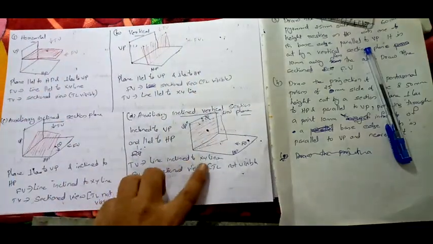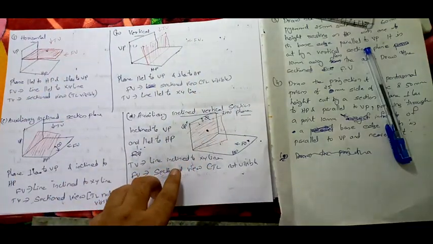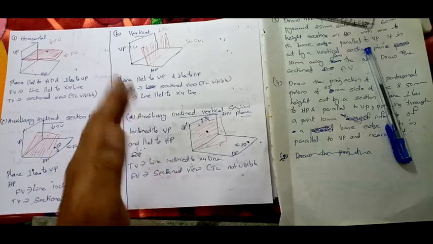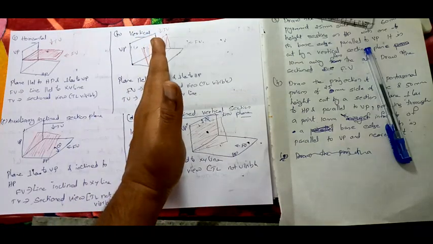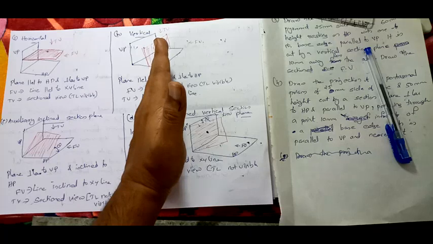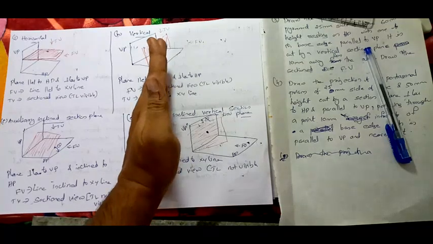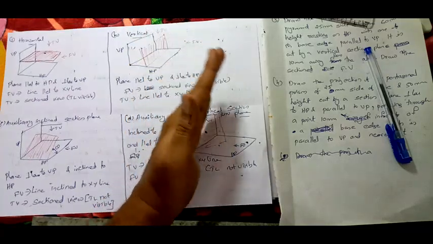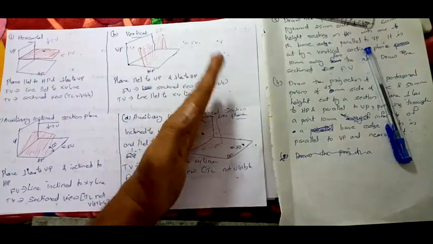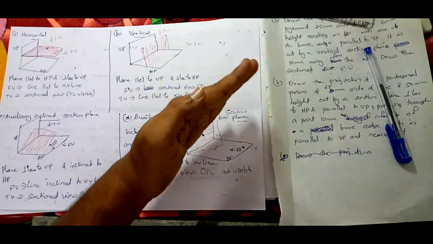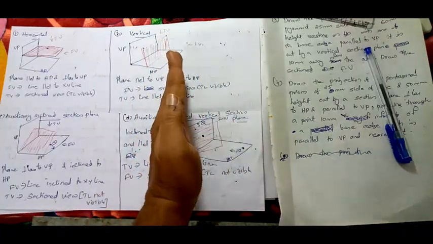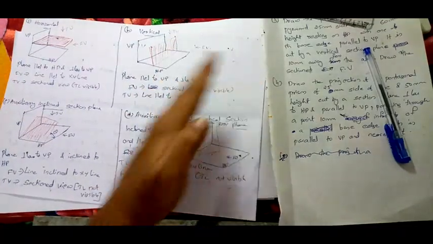So the top view line is inclined to the XY line, and here your plane is such that it is inclined to VP and perpendicular to HP. See, that perpendicularity with HP we are not changing. So still that plane is perpendicular to HP but inclined to VP.